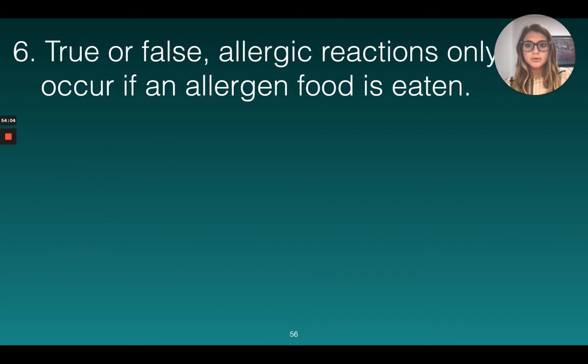Number 6, true or false, allergic reactions only occur if an allergen food is eaten. A, true, or B, false?